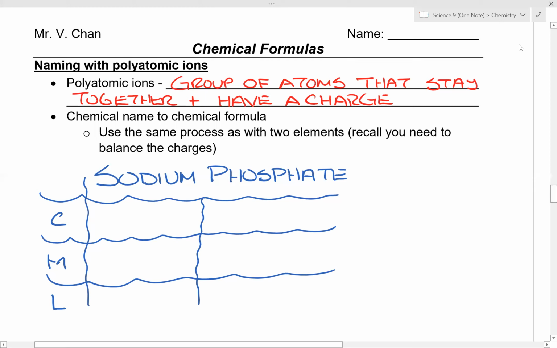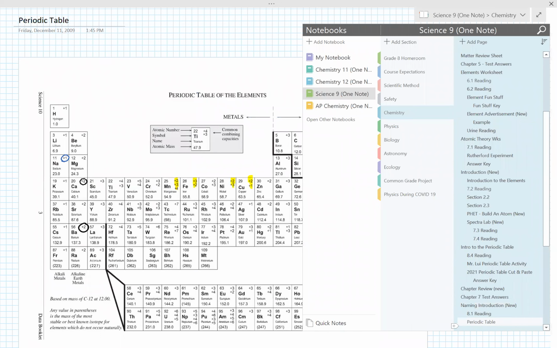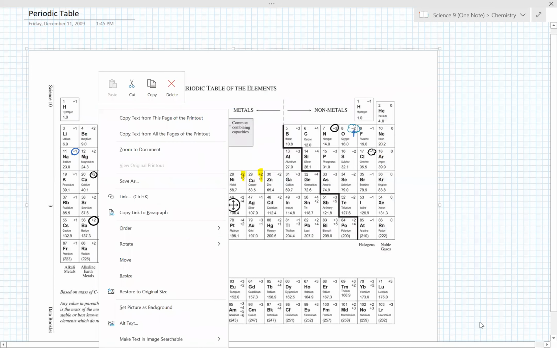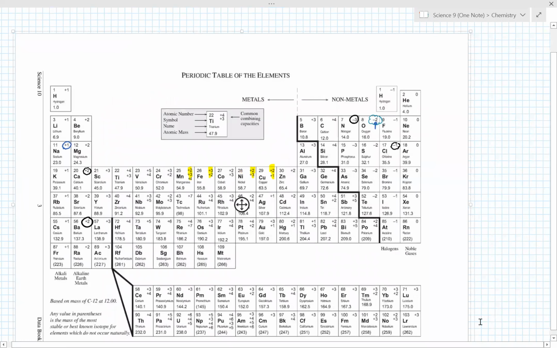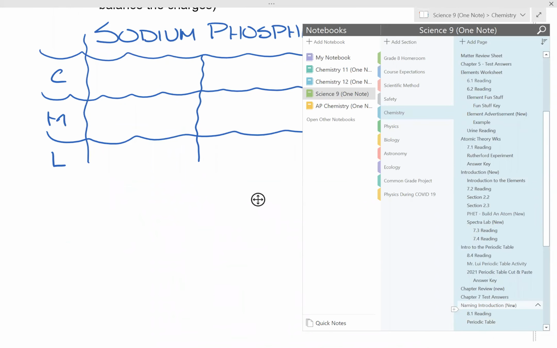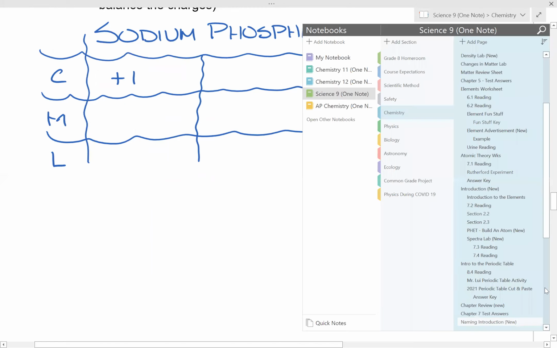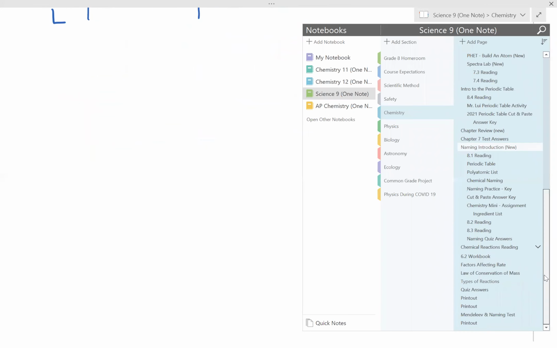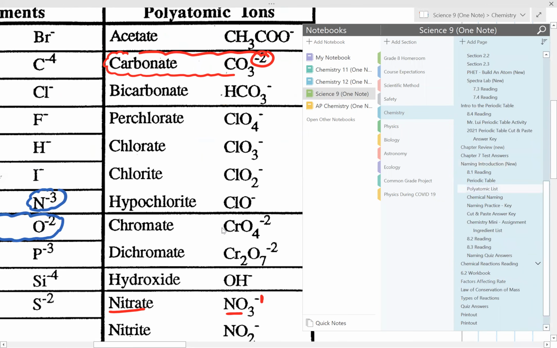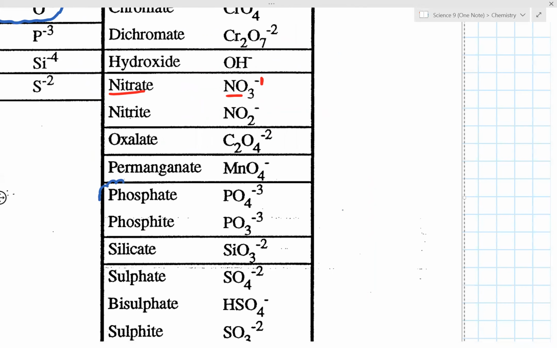Sodium, you recall from looking at your periodic table, has a charge of +1. Now, phosphate, if you look on the back side of your periodic table under this polyatomic list and scroll down, is right here.